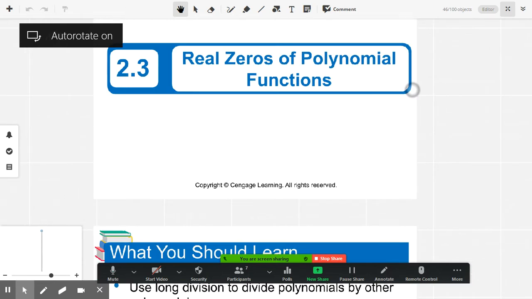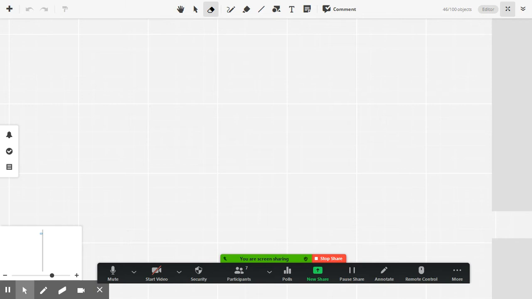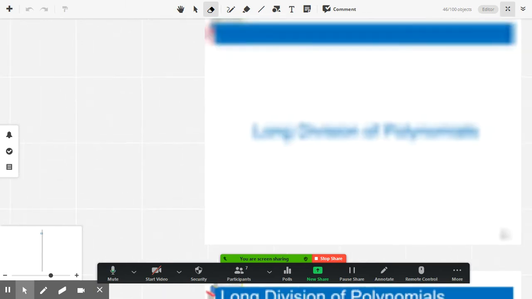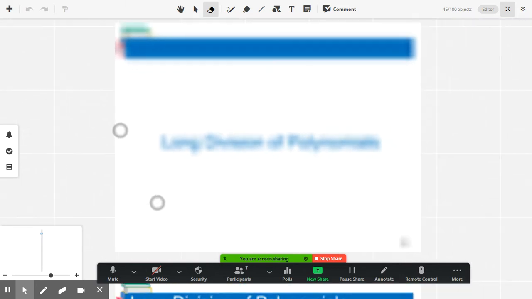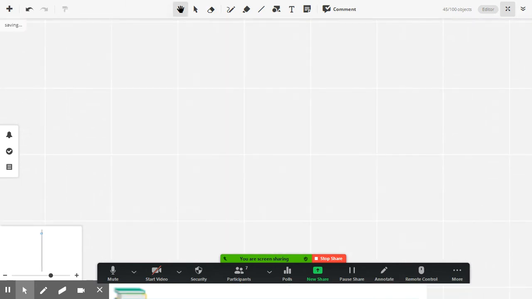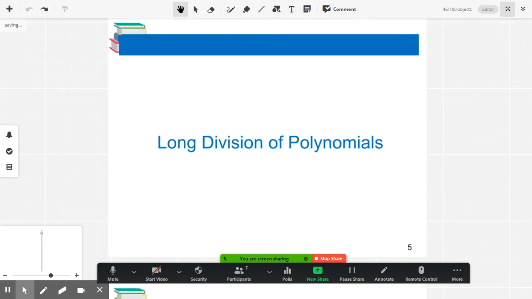And now it's not moving. All right, so what's going on here? Oh, I think it's moving now. It's just slow. Oops.